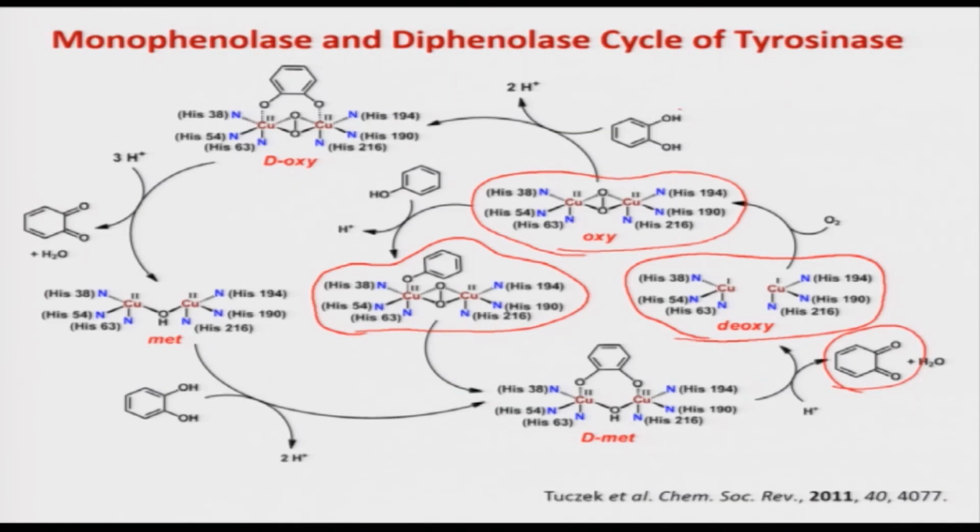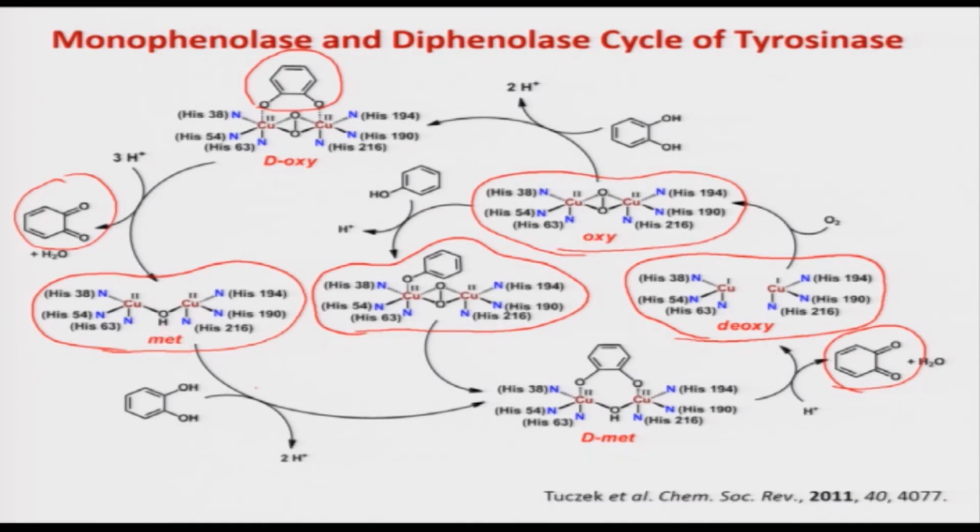Now, if diphenol binds to both copper centers, it bridges between the two copper centers, and then this diphenol is oxidized to quinone, and this becomes the met dicopper unit, where the two copper centers are bridged by a hydroxo group.